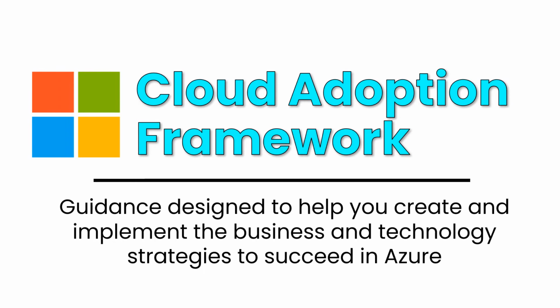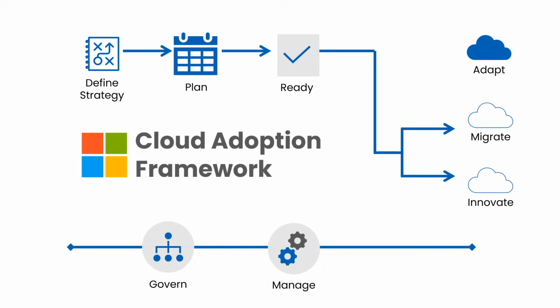So the Cloud Adoption Framework. This is guidance from Microsoft designed to help you create and implement the business and technology strategies your organization needs to succeed in Azure. The framework has basically 5 phases. So there's defining your strategy, plan, and readiness. And Microsoft provides resources and best practices to help you get there, essentially.